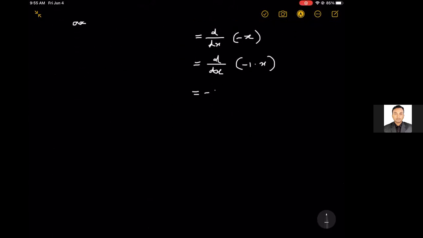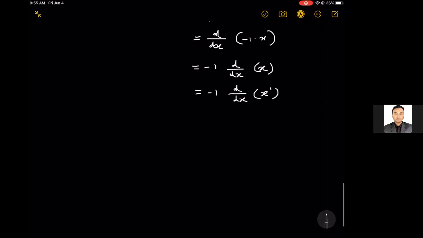I can keep the negative 1 outside. Again, I'm just showing all the steps. You don't need to show all the steps. And this x can be written as x to the 1. Do you agree? If there is no exponent, that means there is a 1 there.